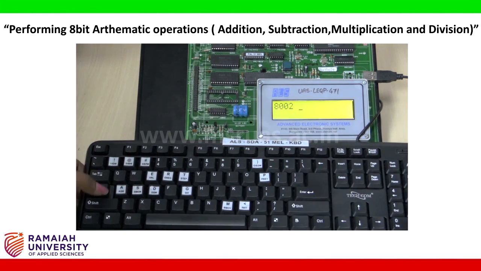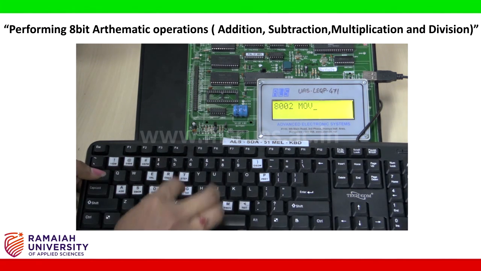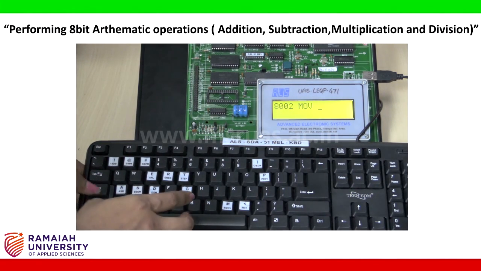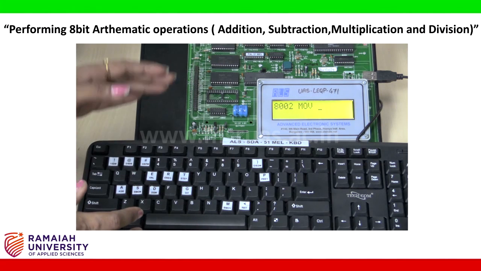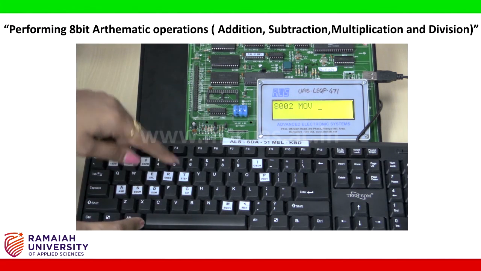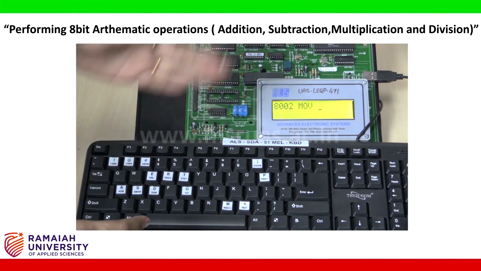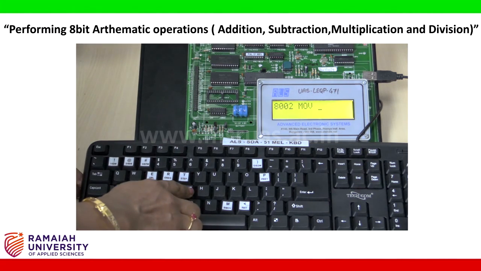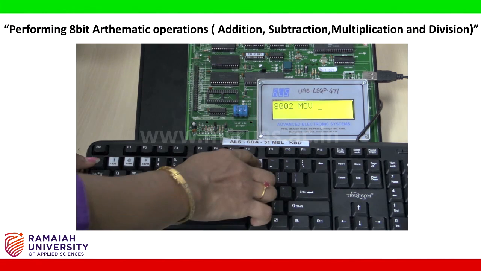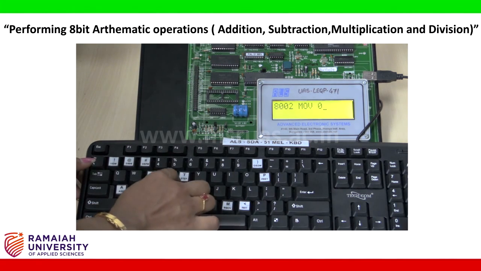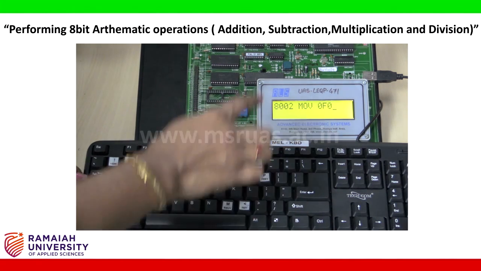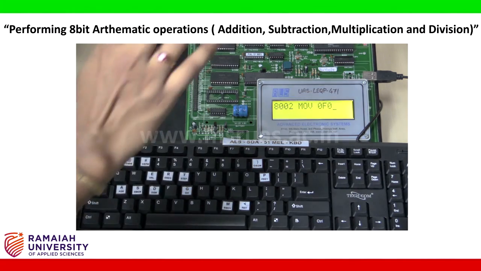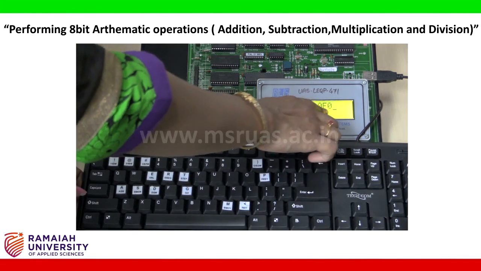Enter twice, then again type MOV. There is no provision in the 8051 kit to give register B directly, so instead of typing B, we should give its address, that is 0F0, which is the address of register B itself.